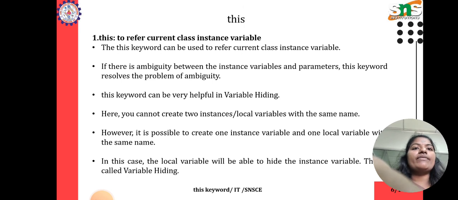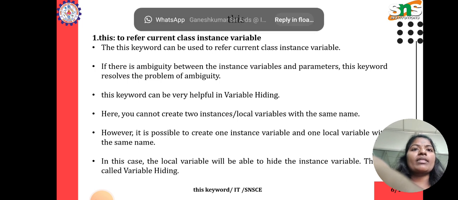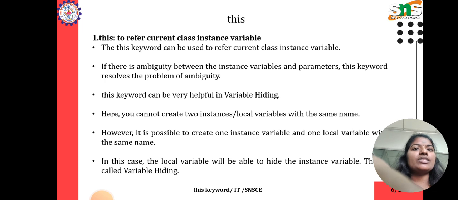This refers to the current class instance variable. The this keyword can be used to refer to the current class instance variable. If there is an ambiguity between the instance variable and parameters, this keyword resolves the problem of ambiguity. This keyword can be very helpful in variable handling.